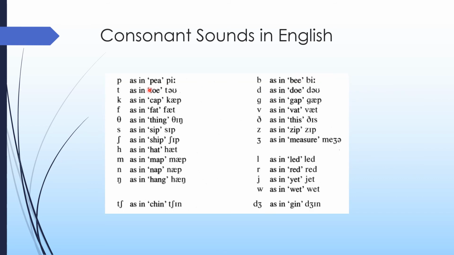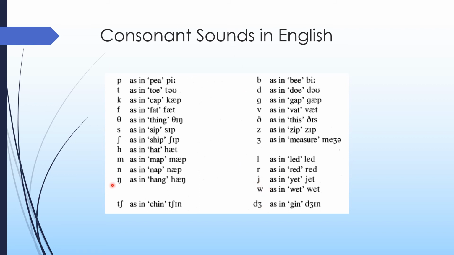These are the sounds we talked about earlier, the consonant sounds in English: pa, ta, ka, fa, tha, sa, sha, ha, ma, na, nga, cha, ba, da, ga, va, dha, ja, za, la, ra, ya, wa, and ja.